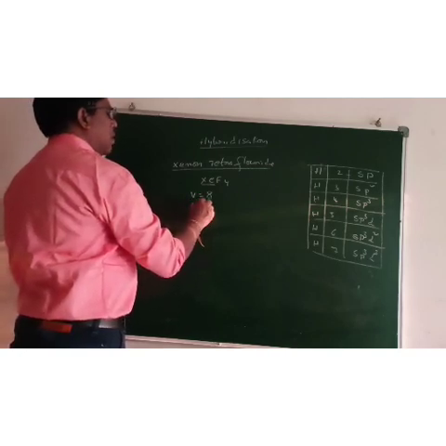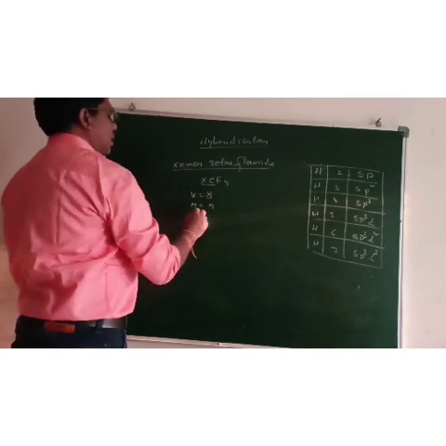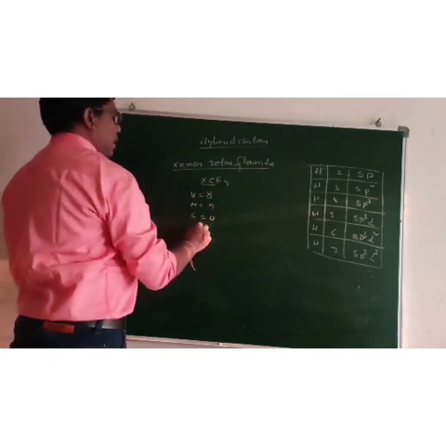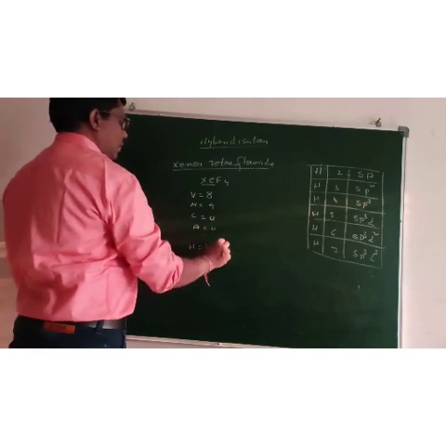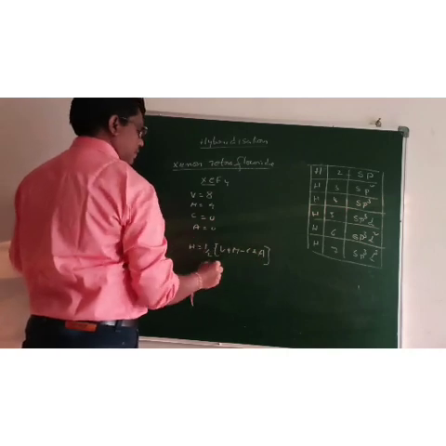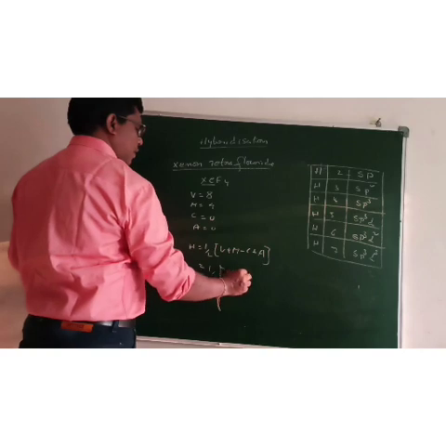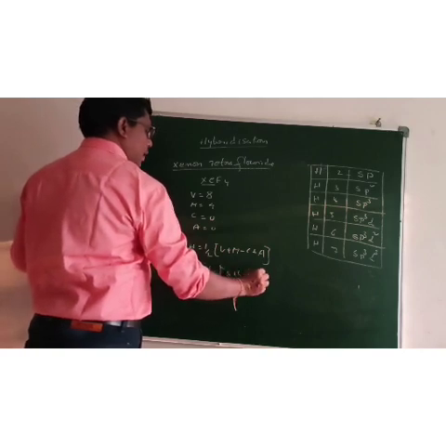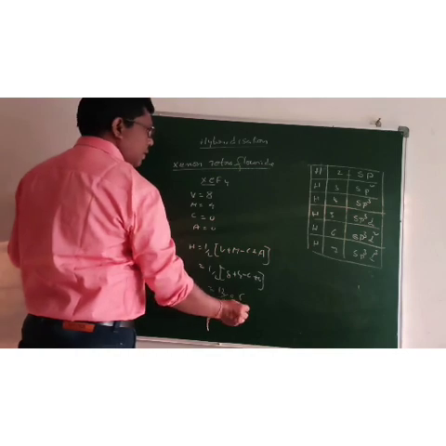So the number of monovalent radicals attached to xenon is 4. C value 0, A value 0. Now the formula is H equal to 1 by 2 (V plus M minus C plus A). 1 by 2 (8 plus 4 minus 0 plus 0), 12 by 2, 6.